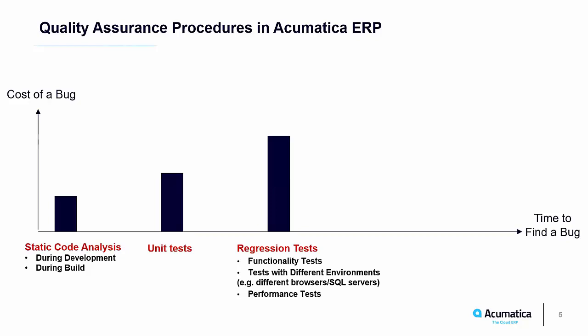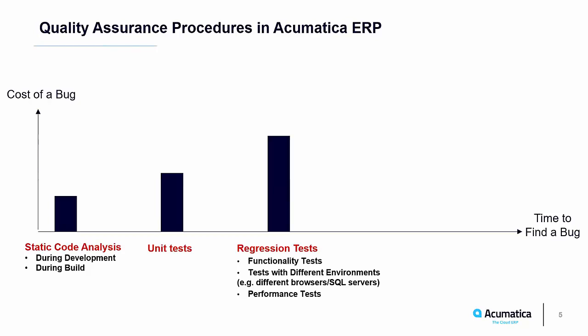However, if a bug is found during regression tests, first of all, to run regression tests we need hardware and environment setup, so it takes time to execute these tests. So it takes more time to find the bug.